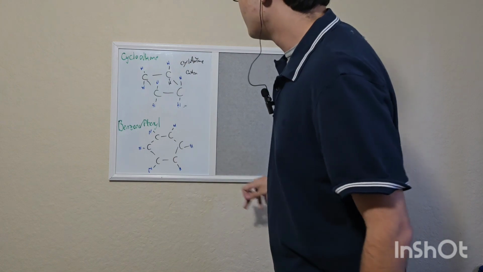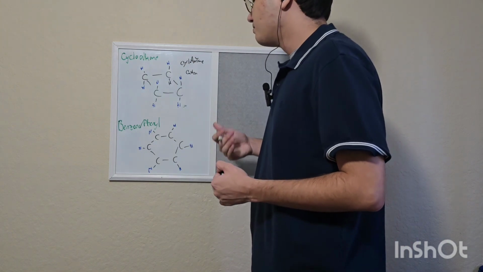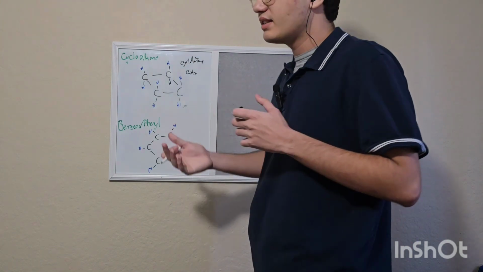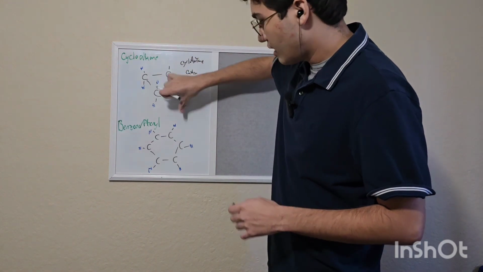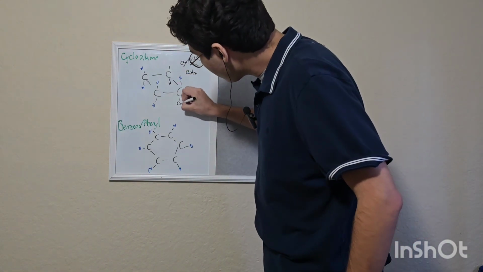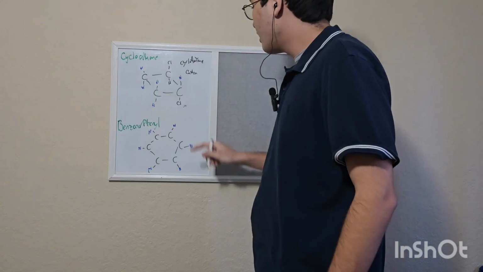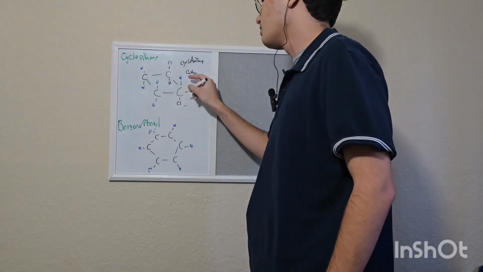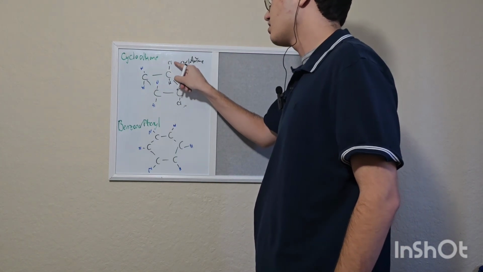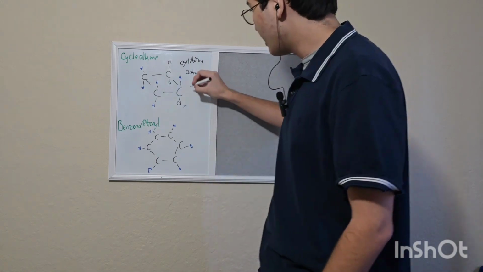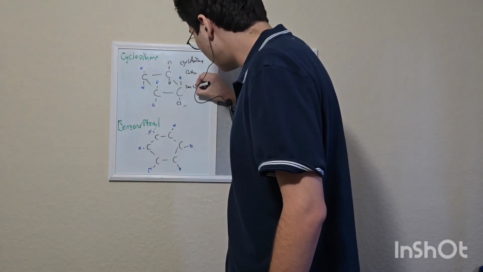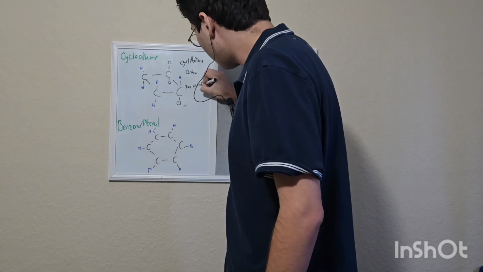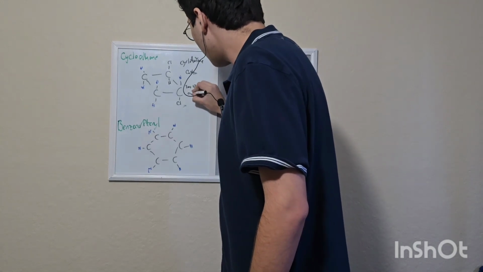But another interesting thing that it shares with alkenes is that it has the trans isomerism too. For example, let's add chlorine to this. So we have this chlorine, which is at the bottom of this carbon, and this chlorine, which is above this carbon, making it a trans 1,2 dichlorocyclobutane.